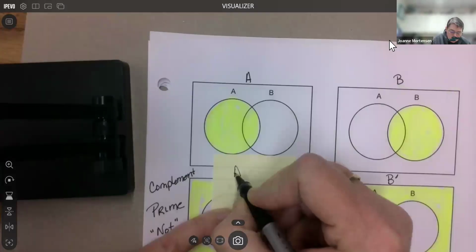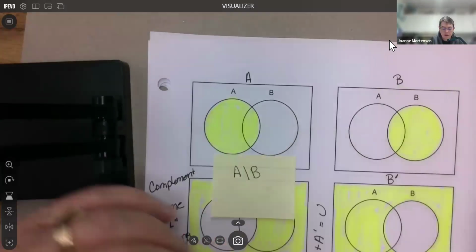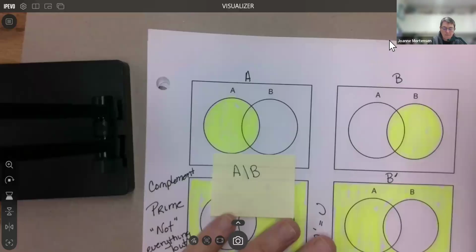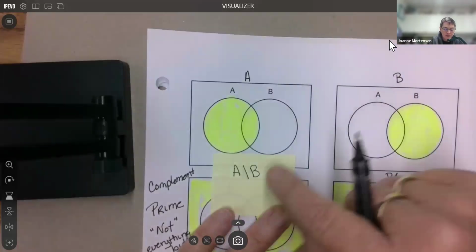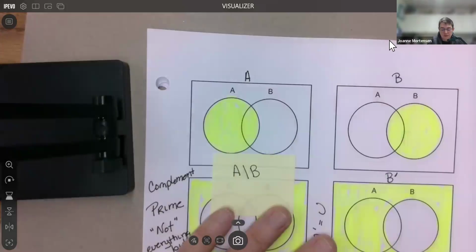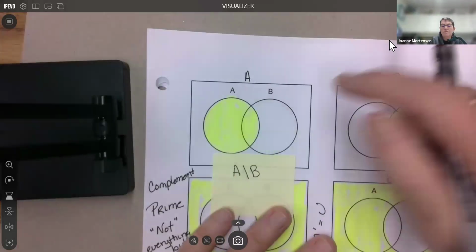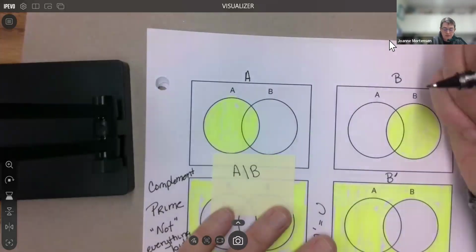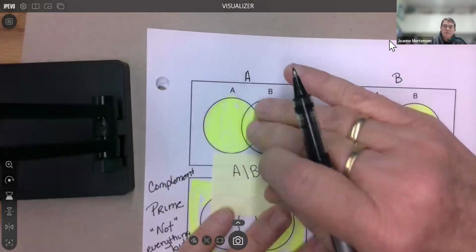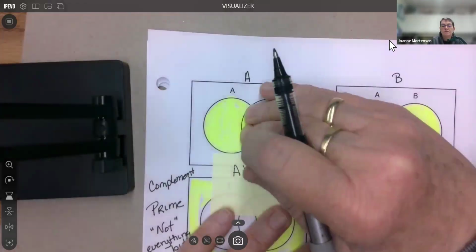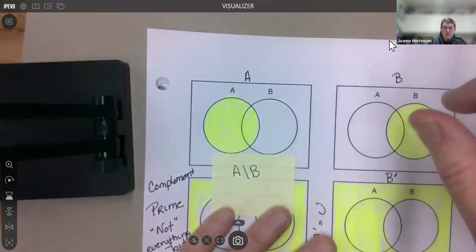A but not B. So think about it. This whole circle is A. So this is saying I want everything in A, but not the little chunk that's in B. So which part is in B? Right, the center. So basically, that's what my answer is going to be. It's everything in A, but not that little chunk that overlaps into B.